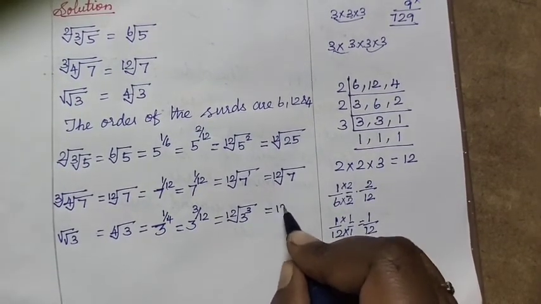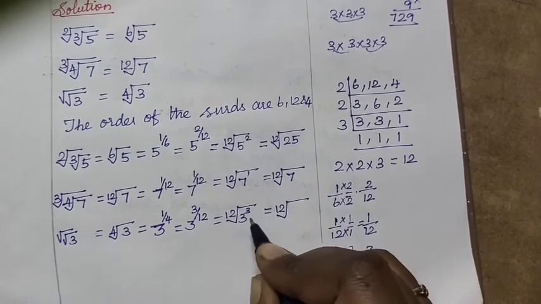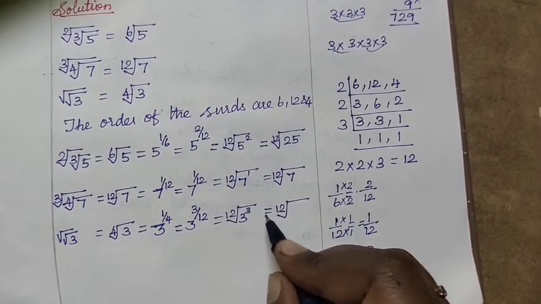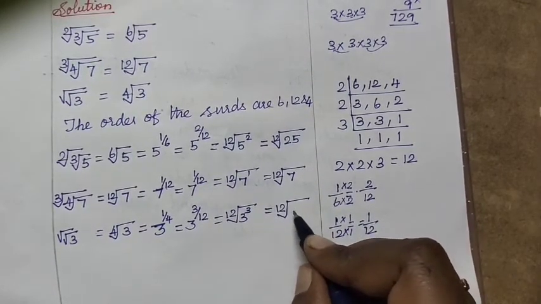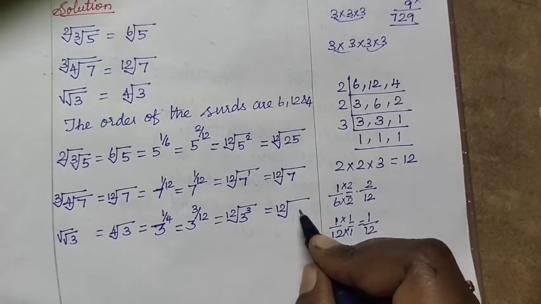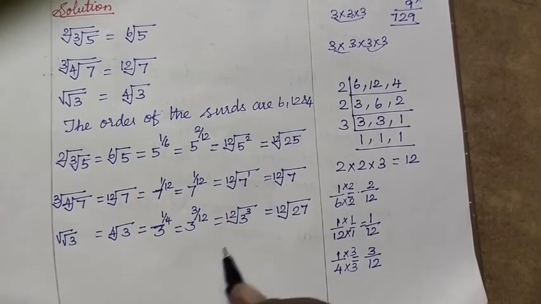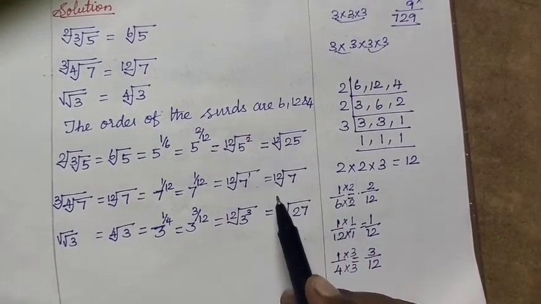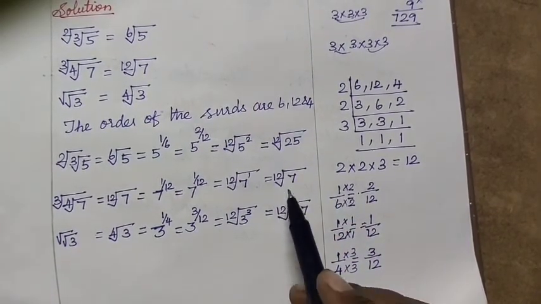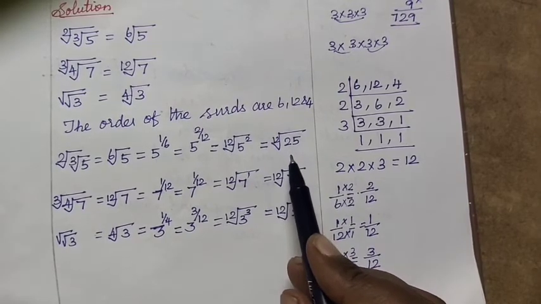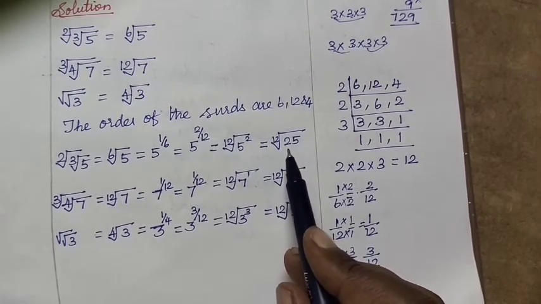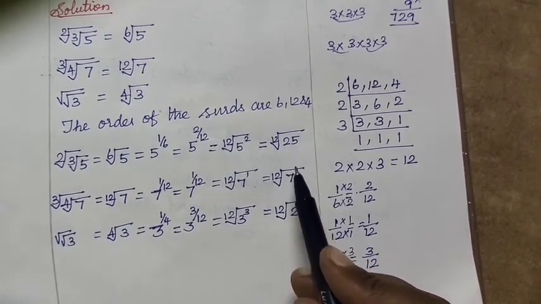Here 12th root of 3 3s are 9, 9 3s are 27. Now you see these are of the same order. Now you can arrange this into ascending or descending order.